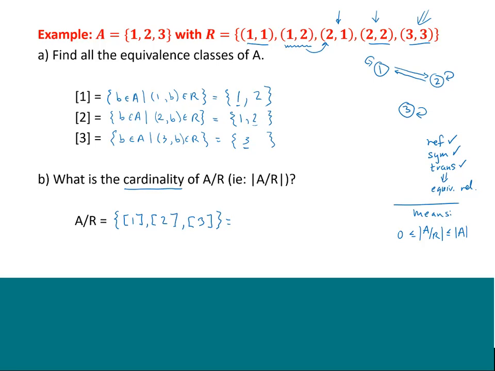Since those 2 are equal to each other, notice what happens down here in your quotient set, and this happens almost all the time. You typically have at least 2 of these equivalence classes equal to each other, often more. So you can say, I don't need to write down both the equivalence class of 1 and the equivalence class of 2.